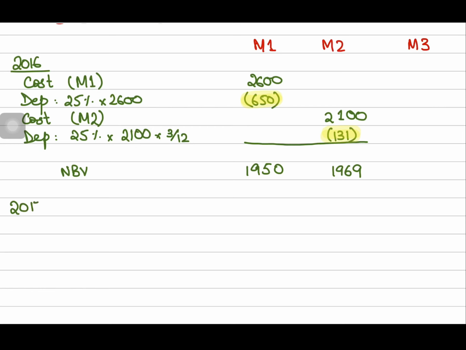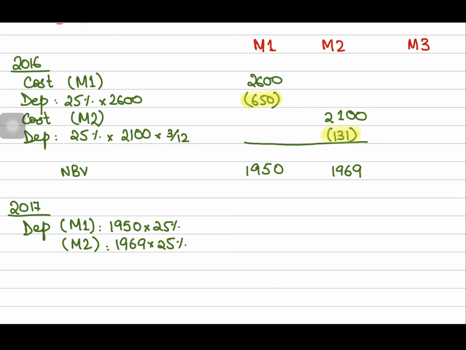So year 2017 depreciation on machinery number 1 on net book value, okay, not on cost, 1950 multiplied by 25%, and for machinery number 2 it will be 1969 multiplied by 25%.